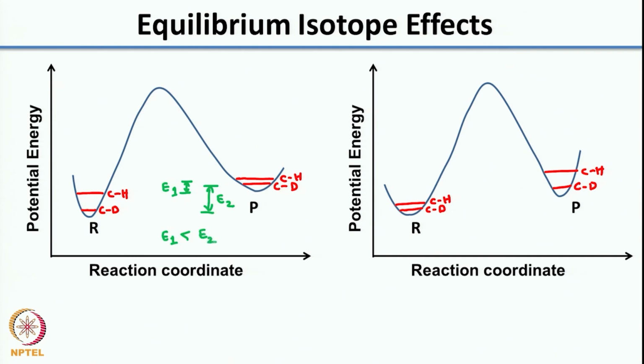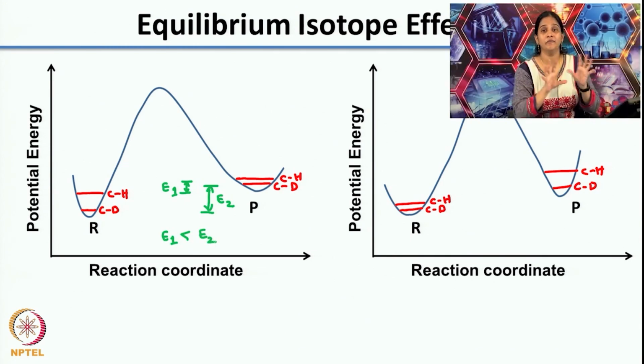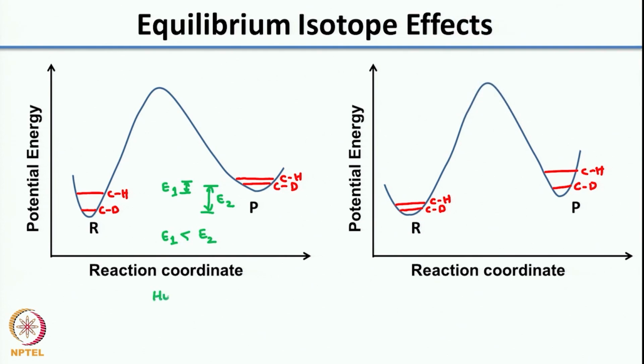So, what happens here is that if you compare the equilibrium for the case where you have hydrogen versus the case where you have deuterium, the deuterium substituted reaction shows a greater shift of equilibrium to the right, which is towards the product.